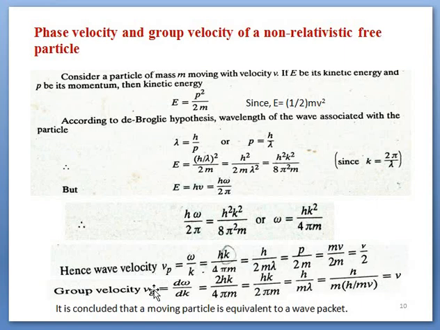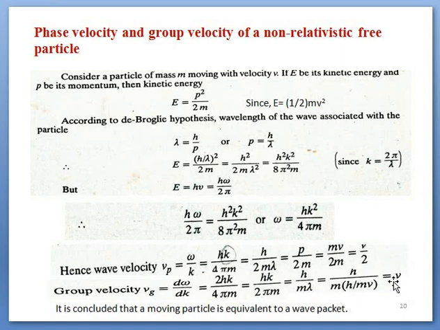In other words, Vg is equal to v. So for a non-relativistic particle, the group velocity equals the velocity of the particle itself, while the wave velocity equals half of its velocity.